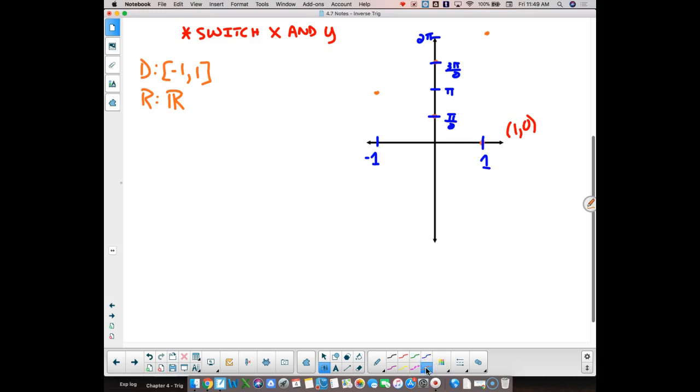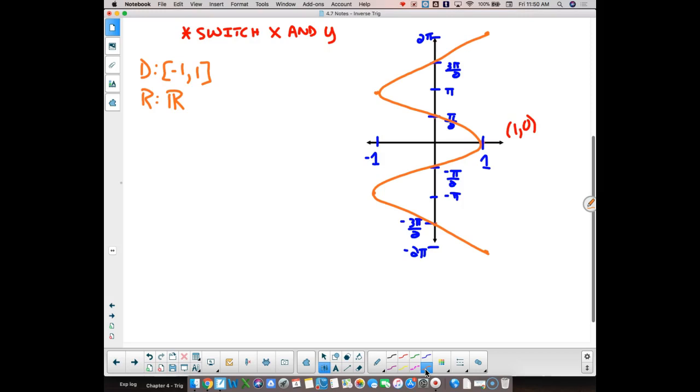Going the other way, we would have the same mirror image. So our graph would look like that.